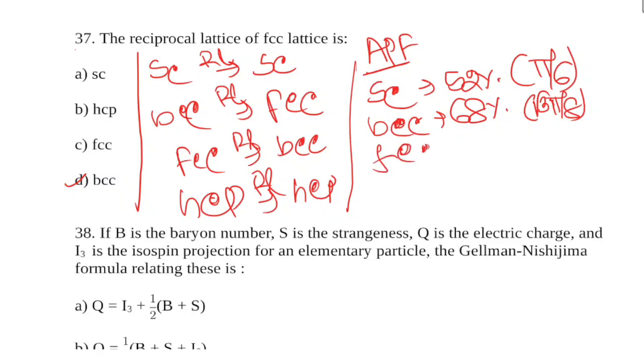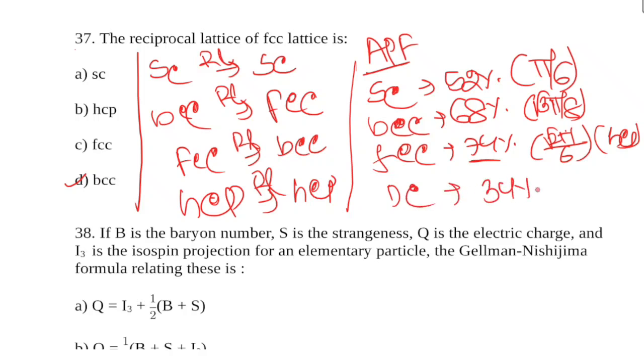For FCC, 74% or root 2 pi by 6. For HCP also, the packing fraction is 74%. Okay. Next, for diamond cubic, it is 34%, and the expression is root 3 pi by 16.